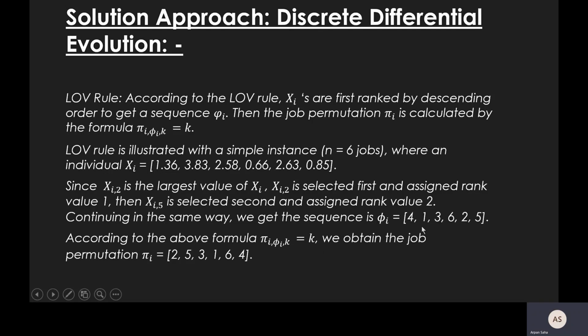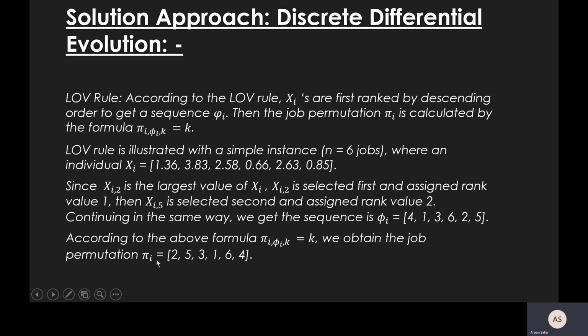So it means that in phi I, the first position there is 4. So in pi I, 1 will be in the fourth position. Similarly, in the second position of phi I, there is 1. So 2 will be in the first position of the pi I vector. In this way, we construct the pi I vector.